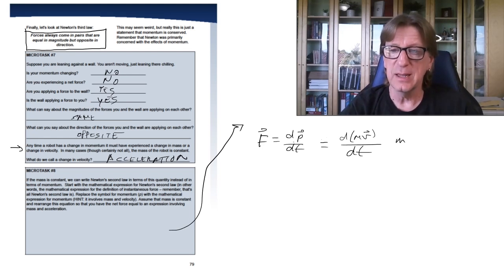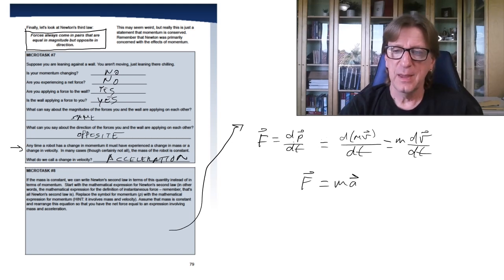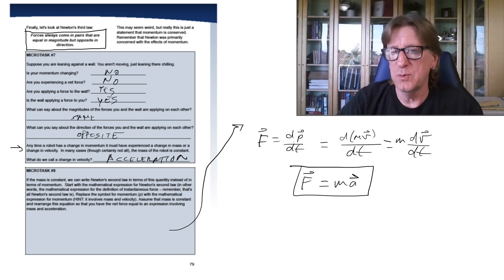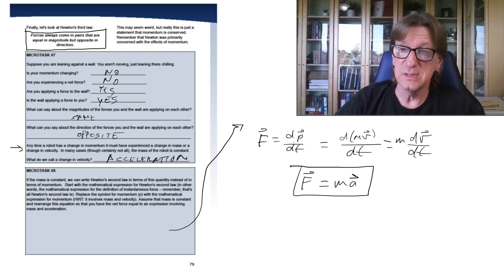And so I get m times dv/dt. Well, what is dv/dt? That's the instantaneous acceleration.